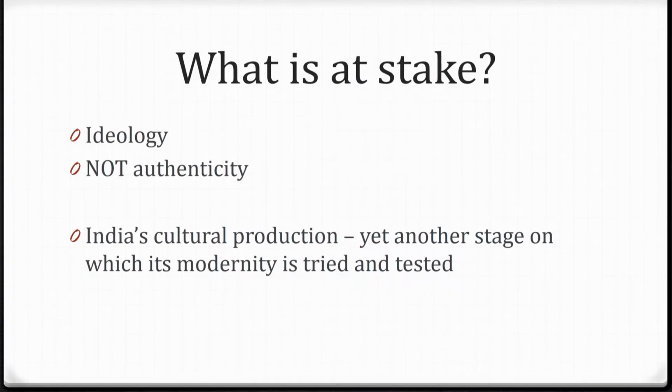She does not say pseudonyms, but I am using that term. This is just a euphemistic way of talking about many things which are otherwise uncomfortable. So, she says what is at stake is certain kinds of ideology and it is not authenticity. And she says India's cultural production, particularly the writings coming out from India, is yet another stage on which its modernity is tried and tested.